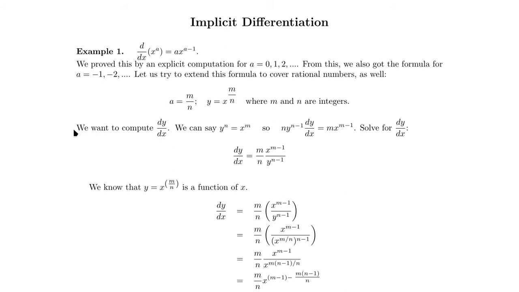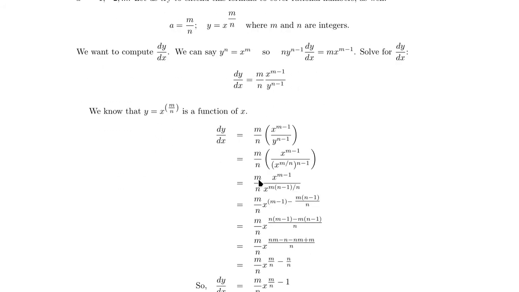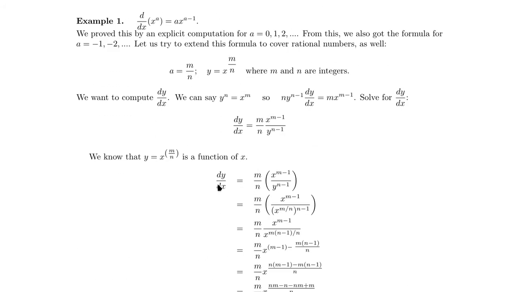And now they're going to try to extend this formula or identity to cover rational a's. So when your a is a rational number, how do you do that?